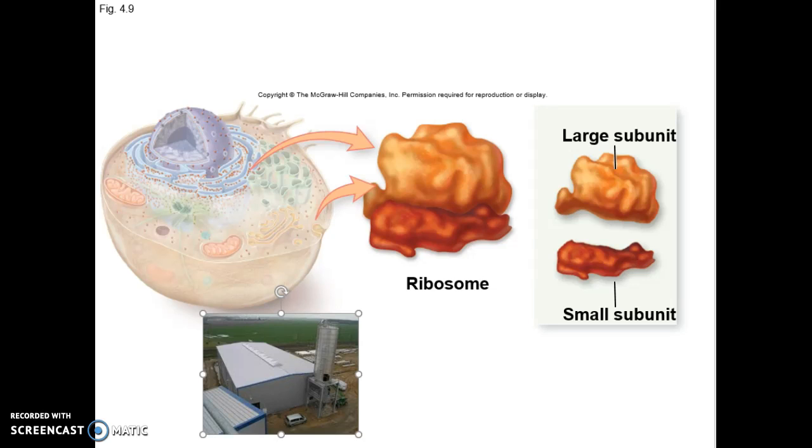Now, proteins are built from amino acids, but the code of RNA has to be read by the ribosome, and then it's actually translated into specific amino acids. And we'll come back to this when we get into genetics and DNA and molecular biology, but this is a key structure for proteins being built.